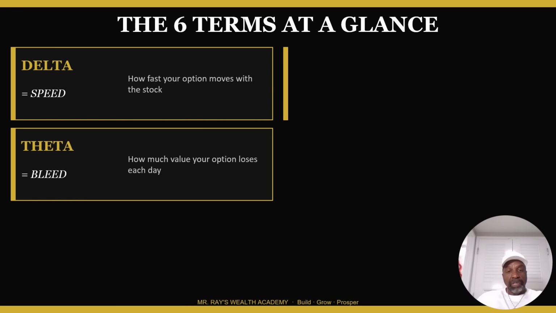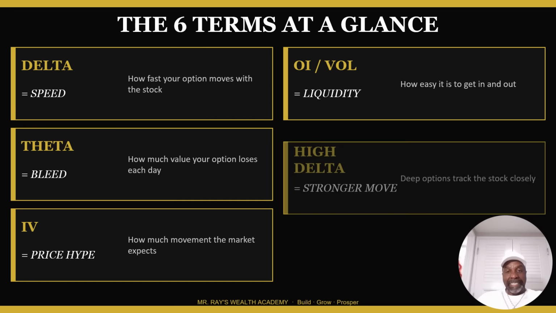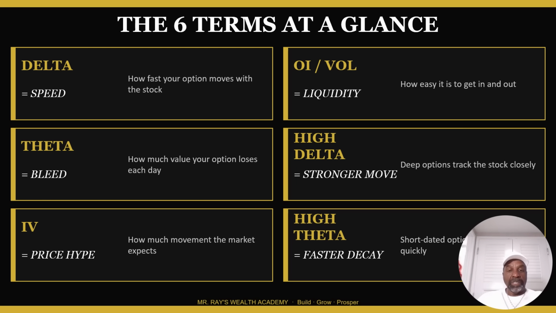That's how much your option loses value each day. And we also have IV, that's the price hype, baby. How much movement the market expects in that particular stock. And then you have open interest and volume. That's the liquidity. How easy is it to get in and out of this particular stock? And then I want to talk about high delta and then high theta.